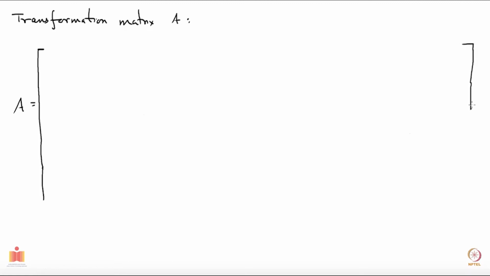So the answer, if I have made no mistakes in deriving this, should be the following. Cos of psi times cos of phi minus cos of theta sine of phi sine of psi.